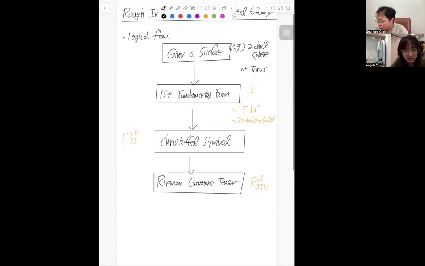Depending on the context, we use different terminologies, but let me say curvature. We have the concept of the so-called Gaussian curvature. I'm not sure I use this term here. Let me search. Yeah, I use the term Gaussian curvature.